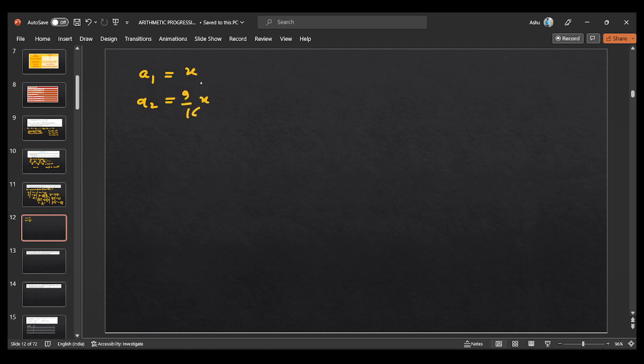Then the difference of these, 9 by 16 x minus x, that will be minus 7 x by 16.